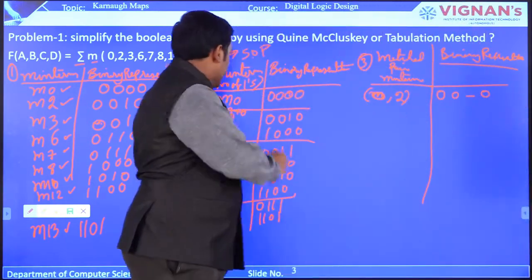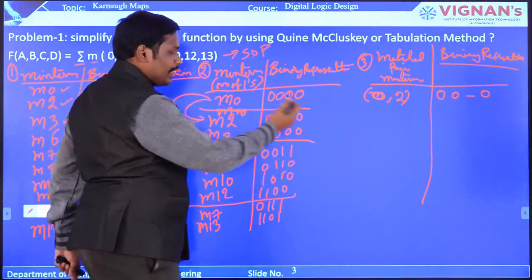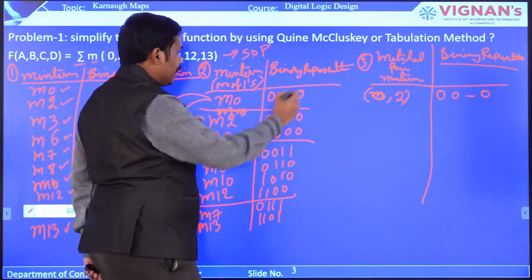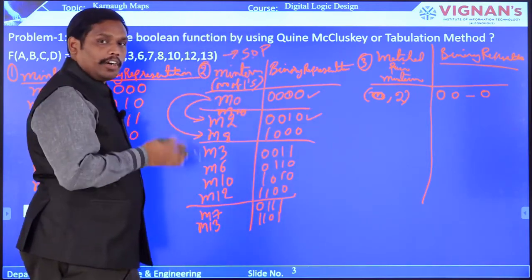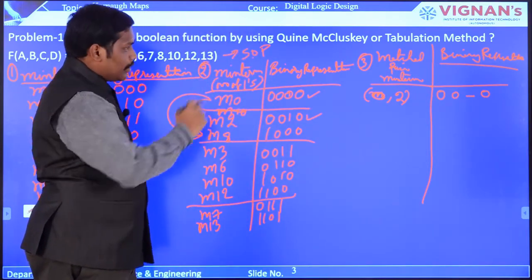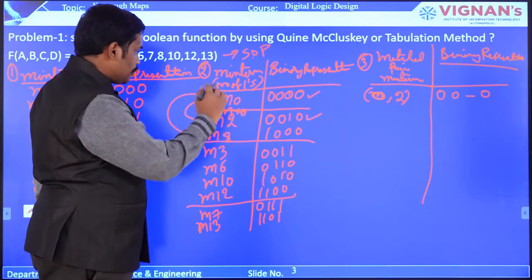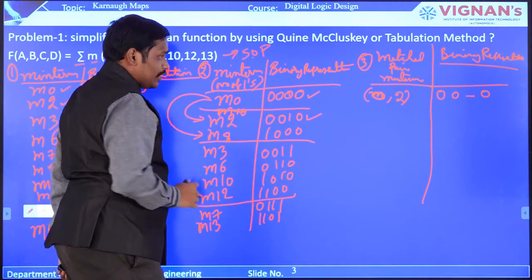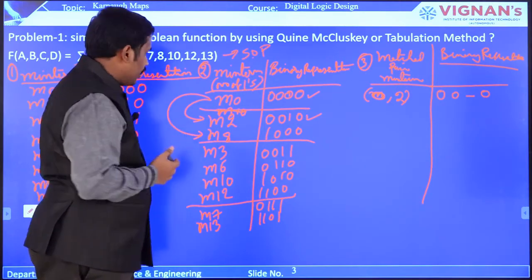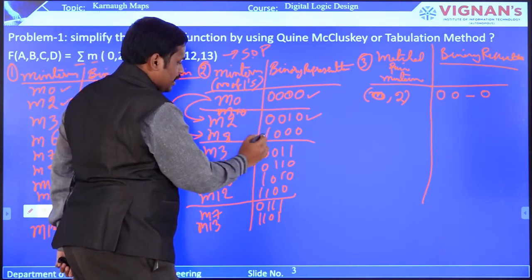So in the next step, once you have made a matched pair, you put a small tick mark representing that these have already been checked for the matched pair, okay? A small tick mark or check mark. And now M0 and M8, the terms that you are going to compare. M0 is 4 zeros and M8 is 1, 0, 0, 0.